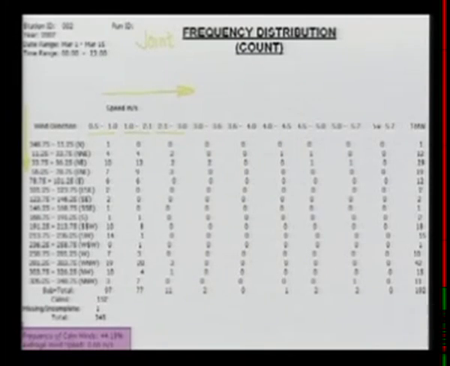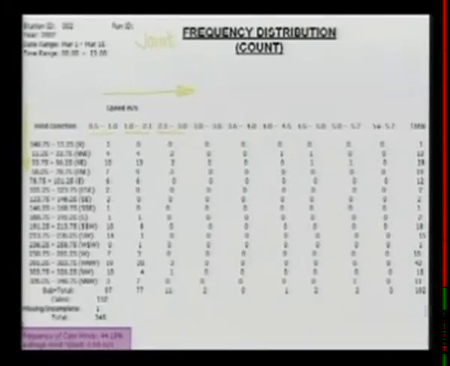When the wind speed is less than 0.5 meters per second, I'll count that as the calm conditions and put it here. Yes, here it is, the calm conditions.